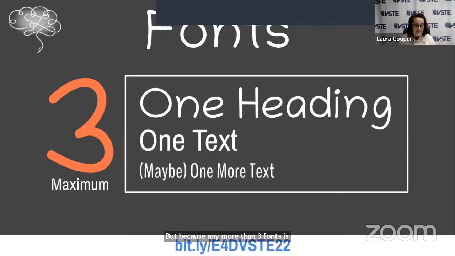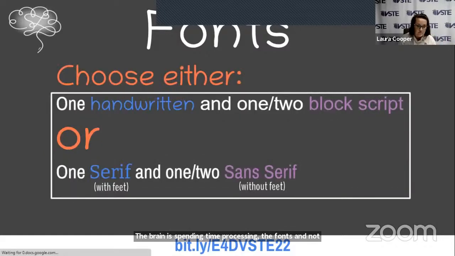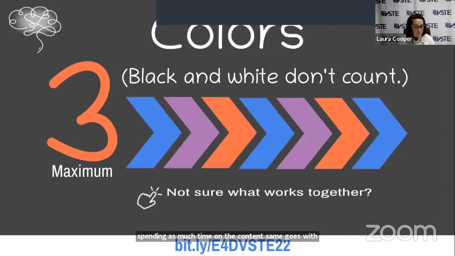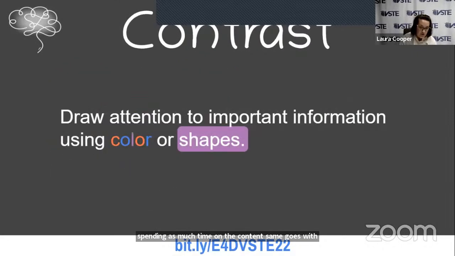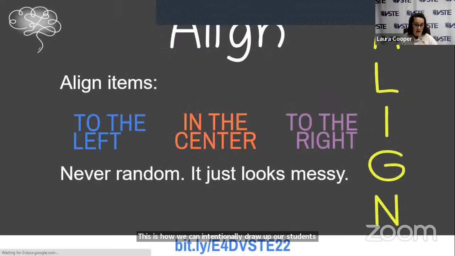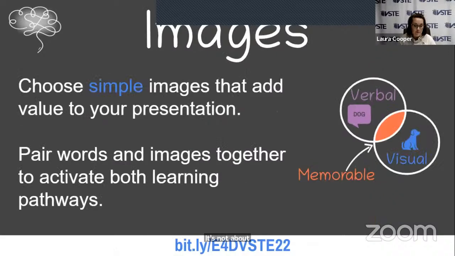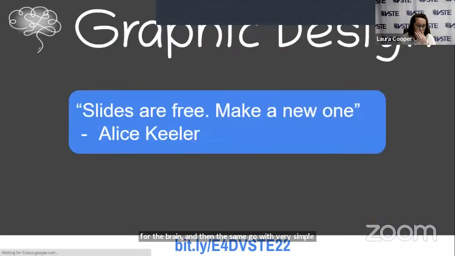The brain is spending time processing the fonts and not spending as much time on the content. Same goes with colors. Same goes with contrast, right? This is how we can intentionally draw our students' focus to a certain word. Alignment, it's not about pretty, it's about simple, it's about easy for the brain. And the same goes with very simple images.